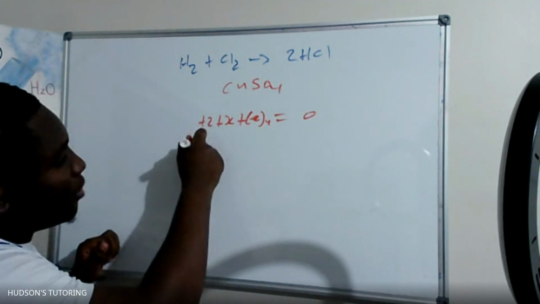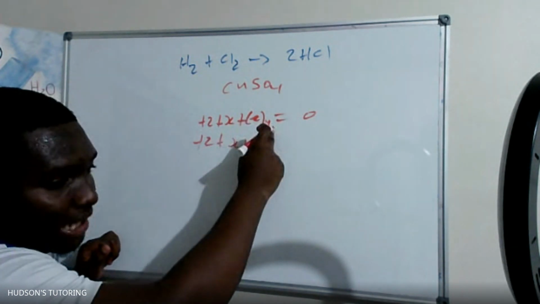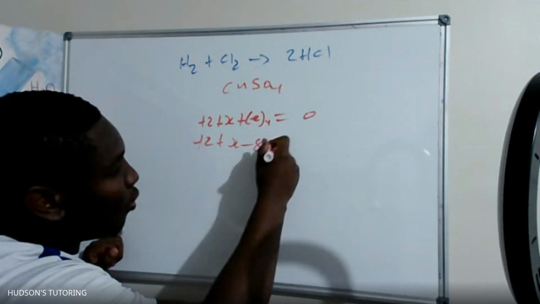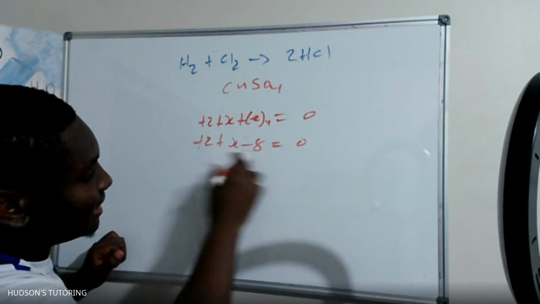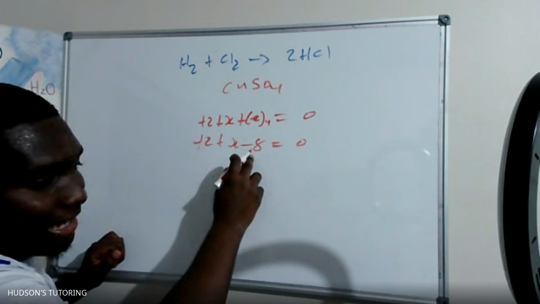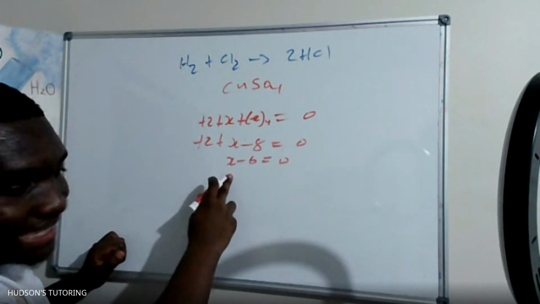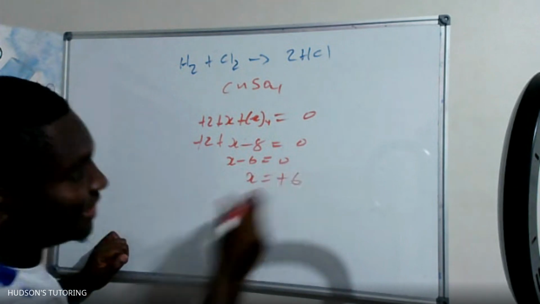Hence, it will be plus 2, look carefully, plus X, plus minus 2 times 4 is minus 8, equals 0. Simple mathematics. Plus 2 plus X minus 8. 2 minus 8 is minus 6, so X minus 6 equals 0. We want X, so transposing the minus 6, X is equal to positive 6.